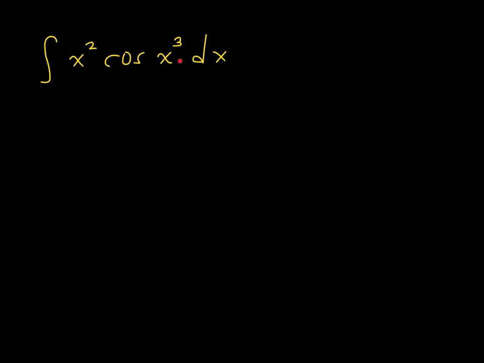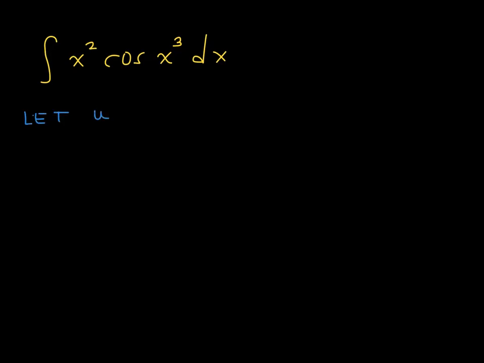If I let u equal x cubed, then when I differentiate u with respect to x, I'll get 3x squared, which is pretty much this x squared. So let's let u be the higher power of the variable.